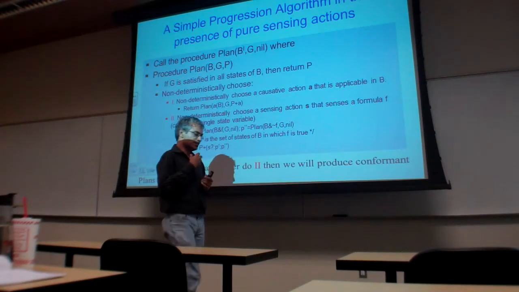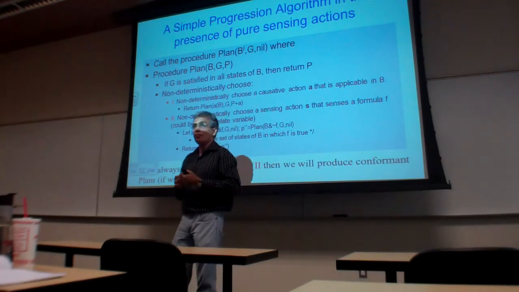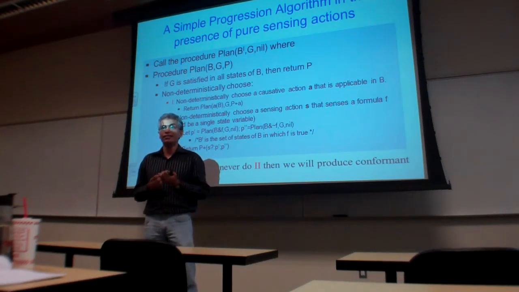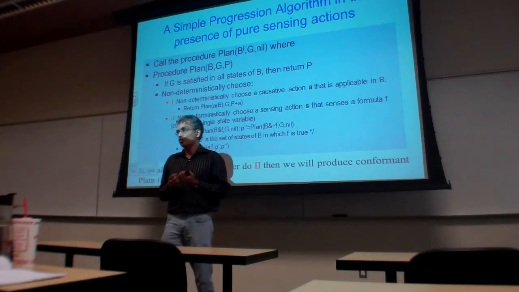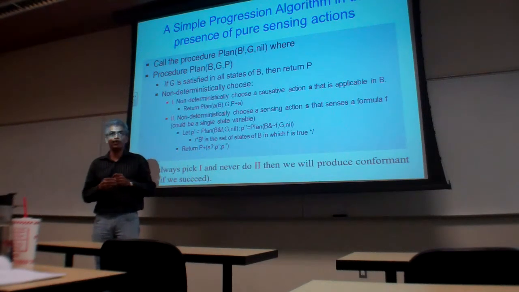What is interesting is that in the real world, actions have both observational and causative effects, but for now we will act as if there are pure observational actions and pure causative actions.